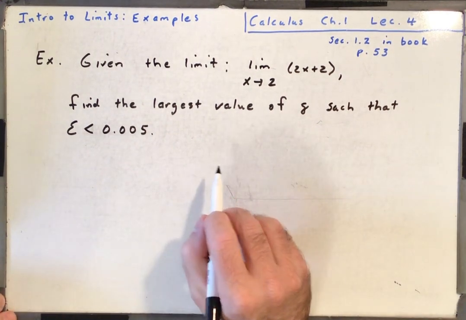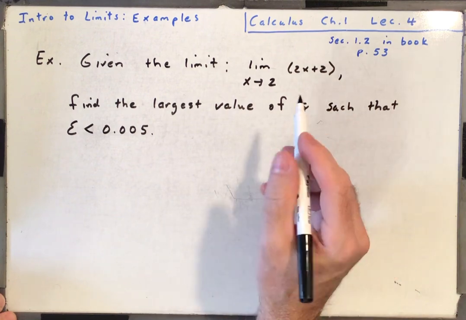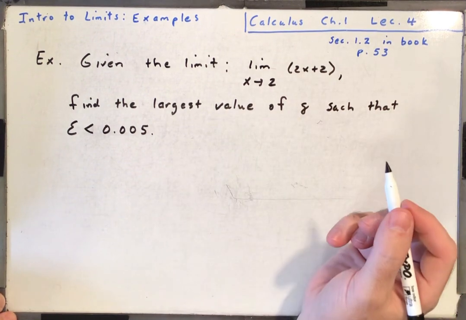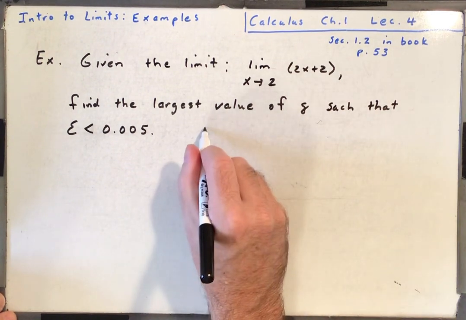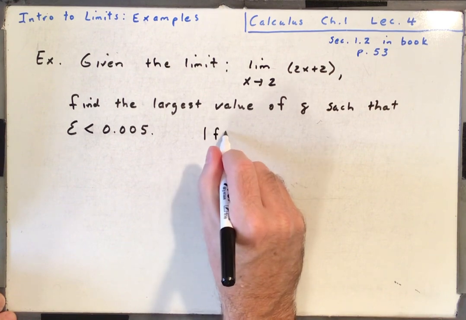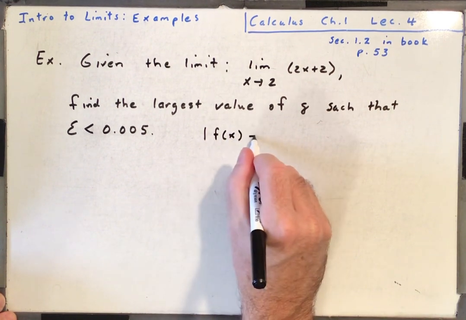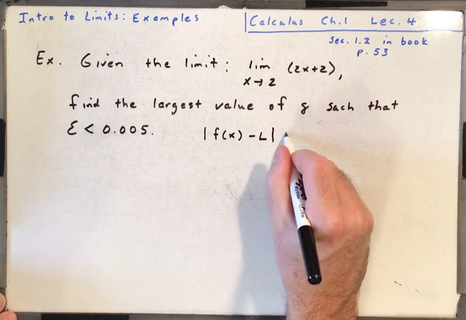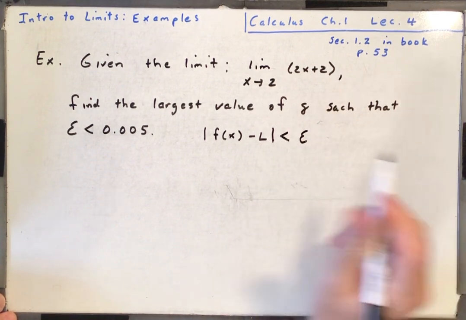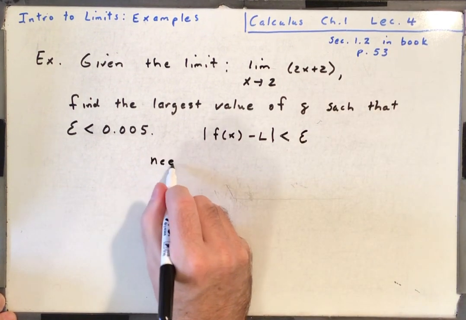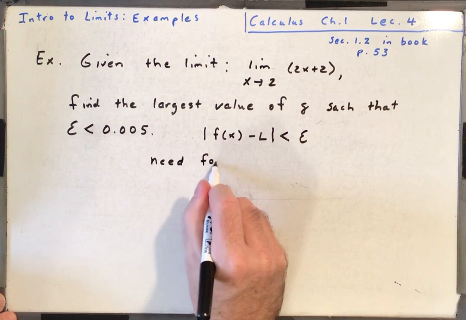This is the formal definition of the limit, where we have the absolute value of f of x minus L is less than epsilon. We need this to find delta.